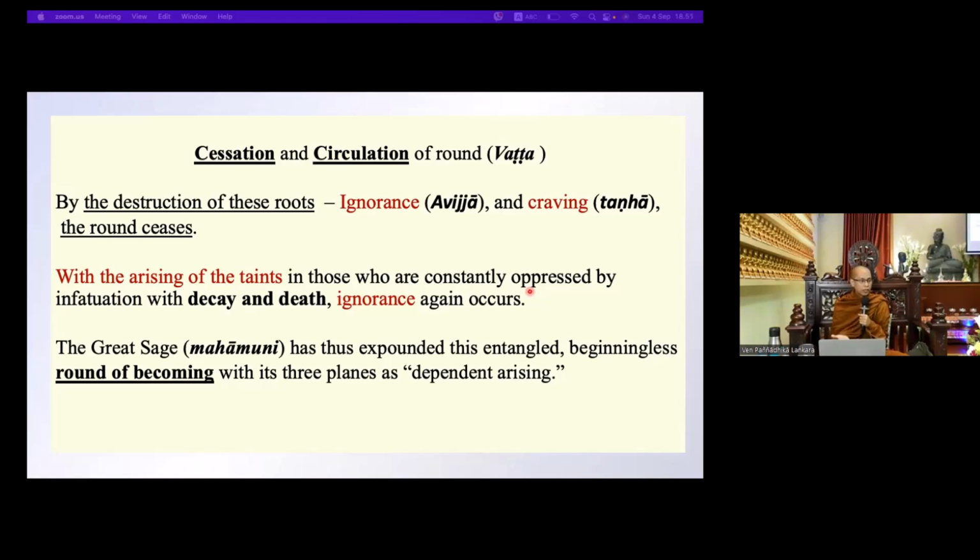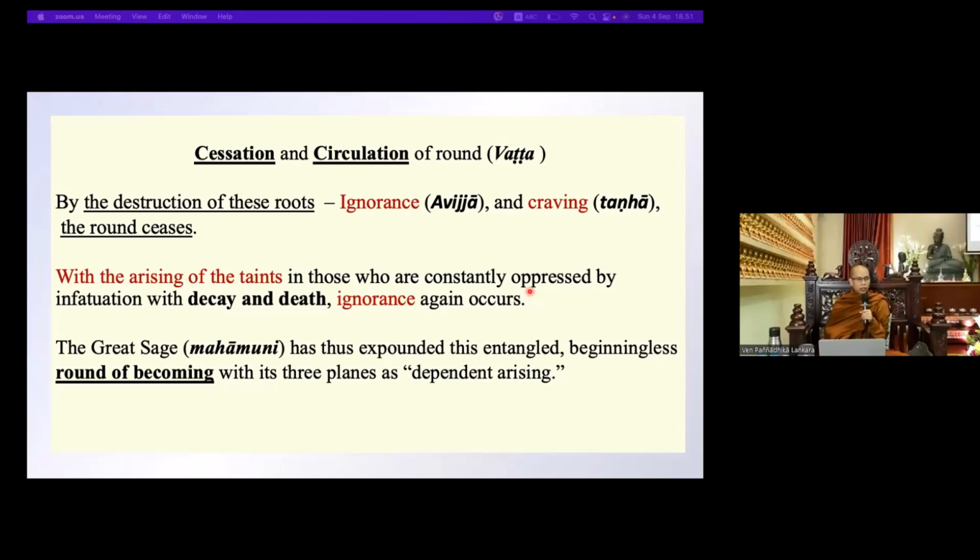Everybody having life, being born in life, by the time they encounter decay and death, at that moment the taints, asava, arise, and also during life asava arise. When the asava arise, the ignorance also arises. So in the paticca samuppada process, it seems avijja is the beginning point.